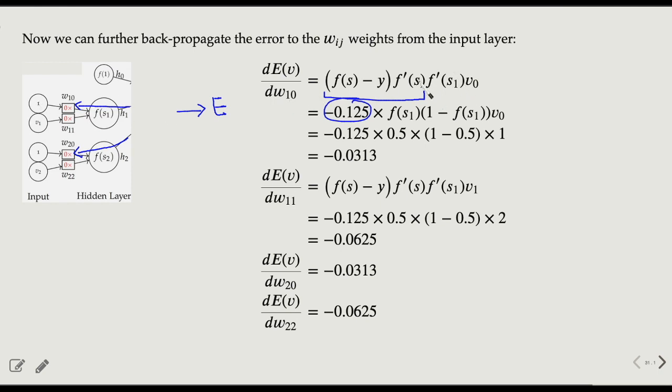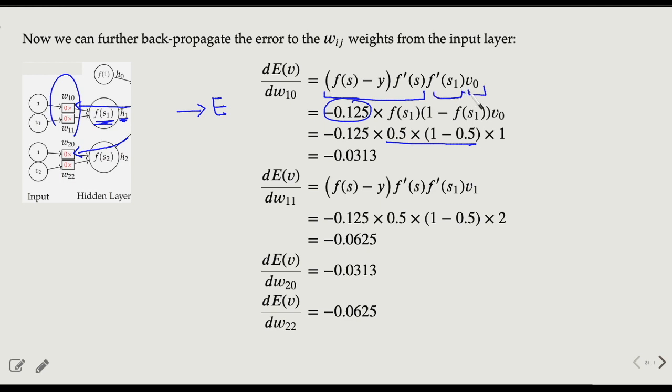The f prime S1 is the derivative of the f function for the weighted sum here, so this can be computed by f(s1) times 1 minus f(s1). We know f(s1) is essentially the H1 value, so it's 0.5 times 1 minus 0.5.